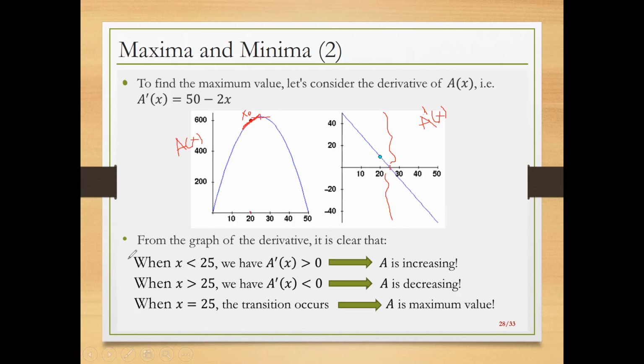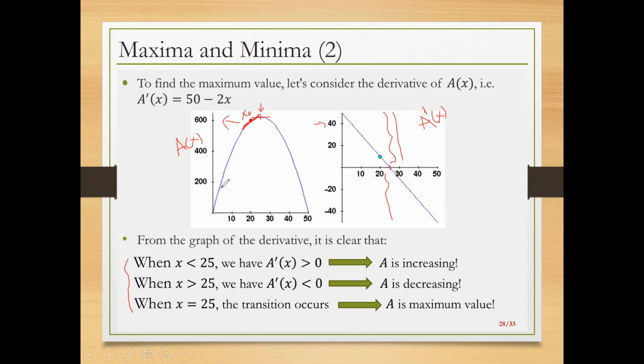So this is what I have summarized over here. For every point less than 25, we have a positive slope. That means everything towards this part of x from 0 to 25 will have a positive slope, as shown in this graph.